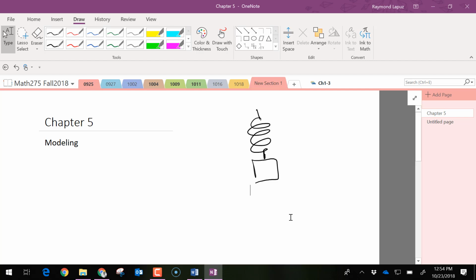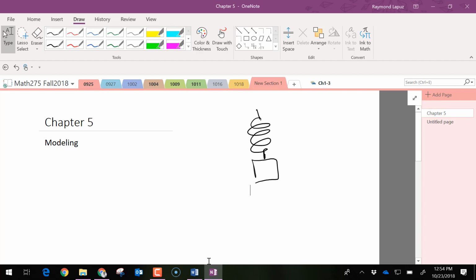All right, good. So when we model, we're just going to set up our differential equation. And in these problems, we're usually going to be coming up with some initial conditions as well, so that we can solve for that and then try to figure out how to graph or how the system might look.